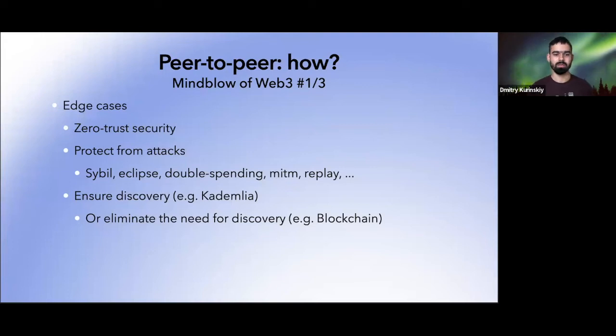If I don't need discovery, if I have a whitelist, or if I don't care where to connect, because every node, every peer, every service has the same state, like with the blockchain, then I need to live with that. This decision will last with me, and it will constrain me, like what can and what cannot be done.